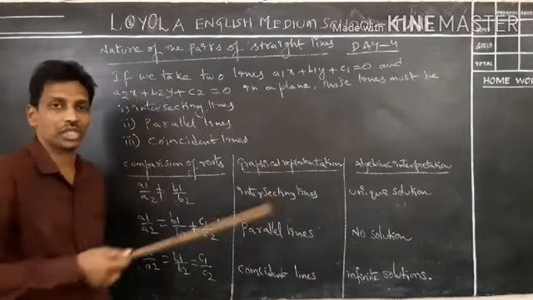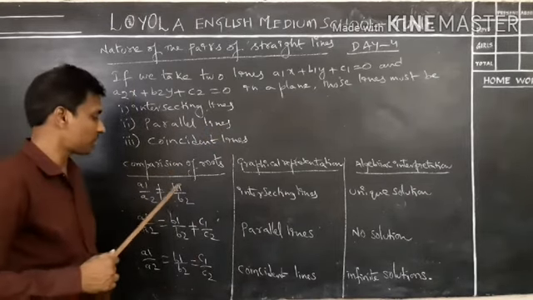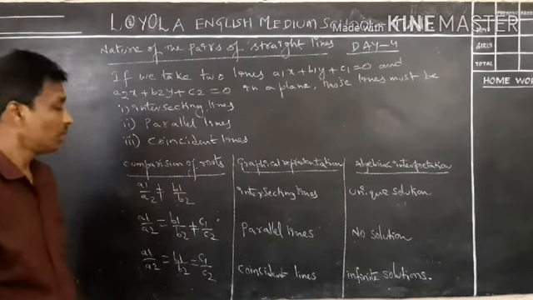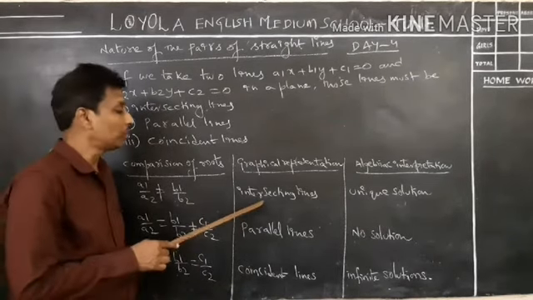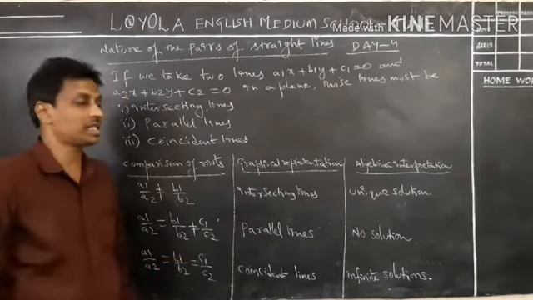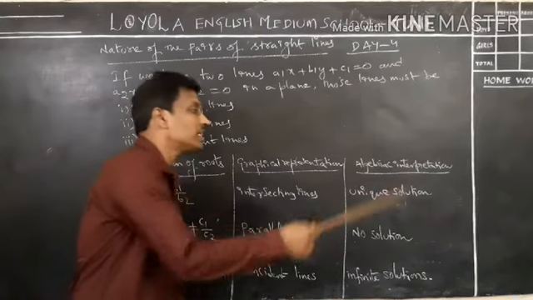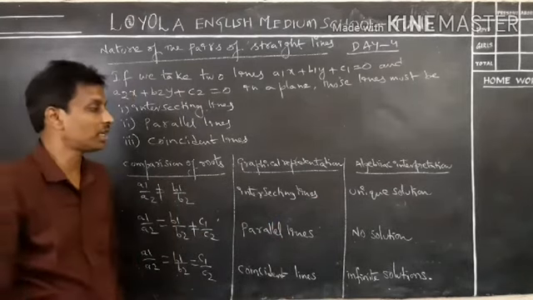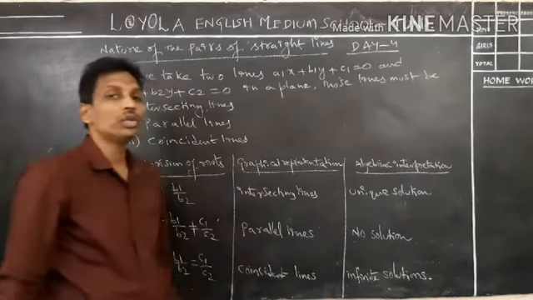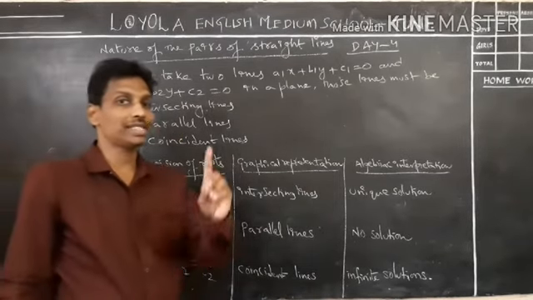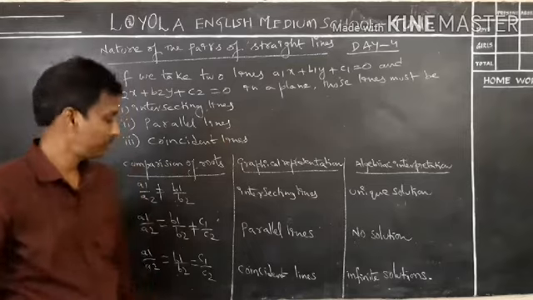Here also the y coefficients. If the ratio of x coefficients is not equal to the ratio of y coefficients, then we come to know the two lines are intersecting lines. What is their algebraic interpretation? They have a unique solution. Unique means what? It is nothing but one solution.